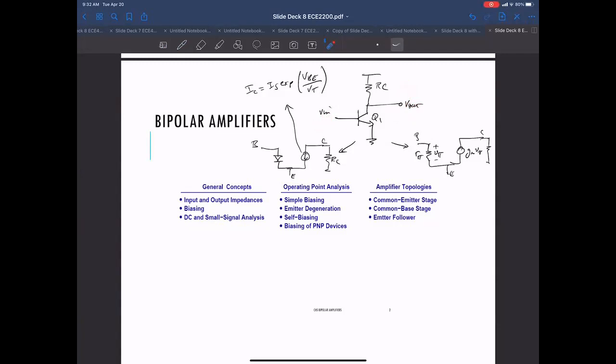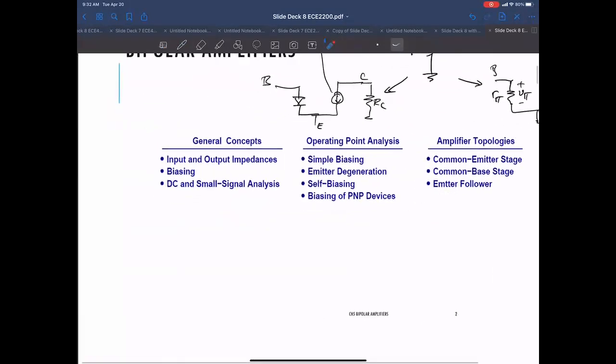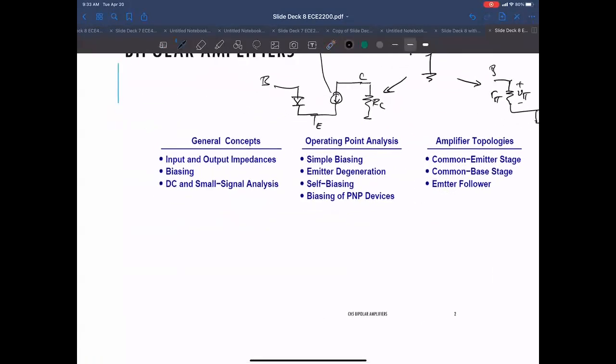Now, there's a bunch of things, second order effects, that come into play when you're building this amplifier. So we're going to talk in more detail about this amplifier, which is going to be interacting with other circuit elements.